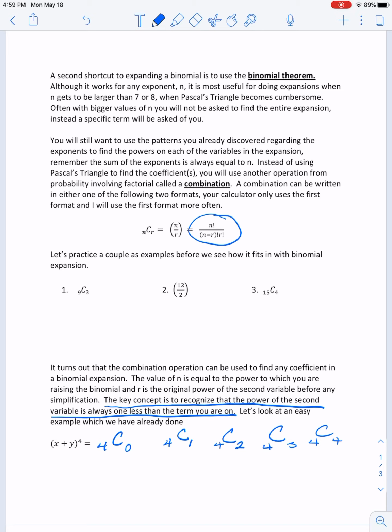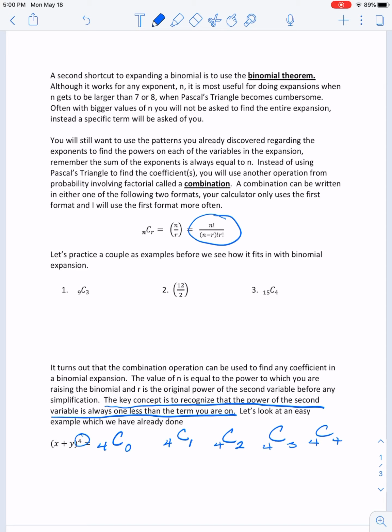So you can see the 4 stays consistent as the exponent, okay? N will always be that first number in the N choose R. The second number is always going to be 1 behind the term you're on, and it will always match the second variable's exponent.